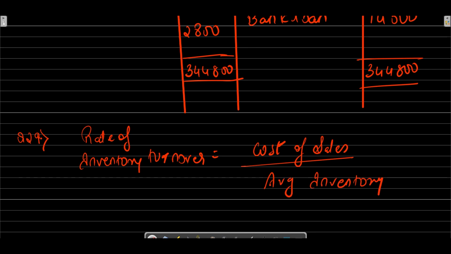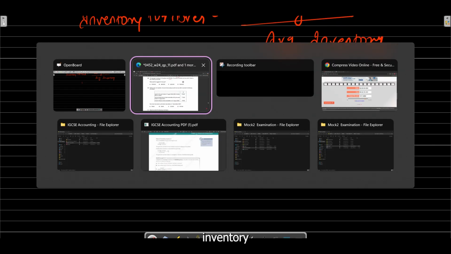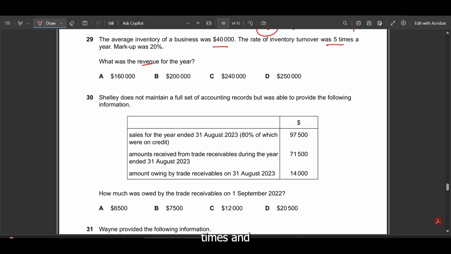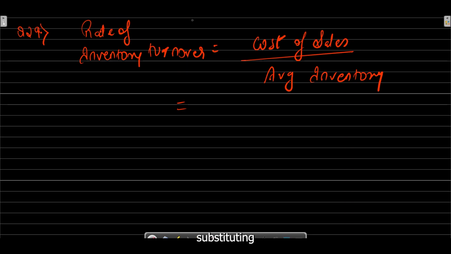They have given us rate of inventory turnover as 5 times, and the average inventory is 40,000. By substituting this, we can understand the cost of sales. So this is 5, cost of sales would be X, and average inventory is 40,000.